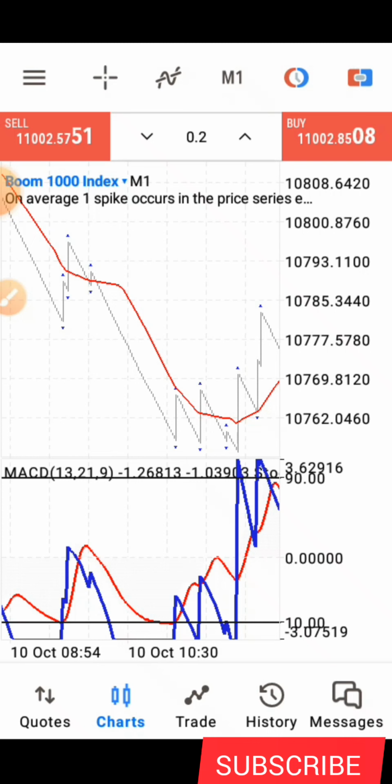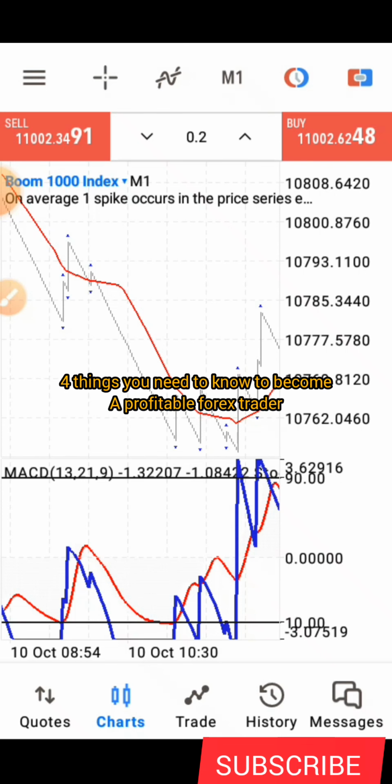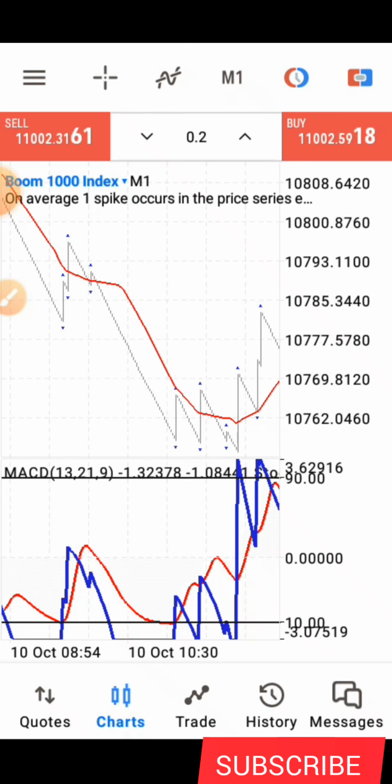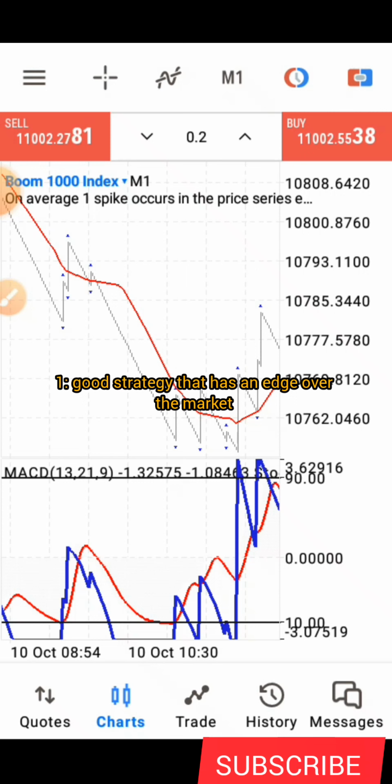Now before I share the settings with you, I want you to know something. You don't need to be going from here and there looking for a strategy. You just need to look for one good strategy. Now you have the strategy, the next thing that needs to come to your mind is risk management. Make sure you get a strategy that is good, and then the risk management needs to be very good.